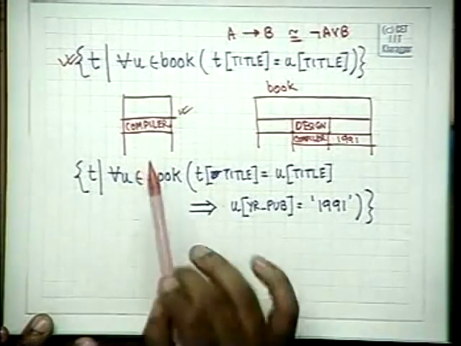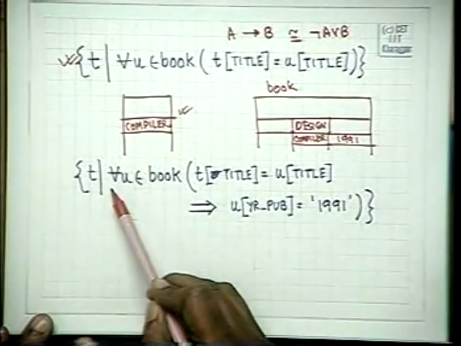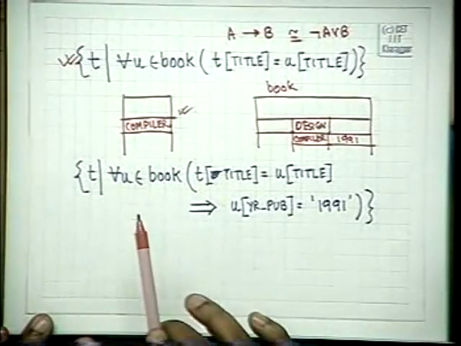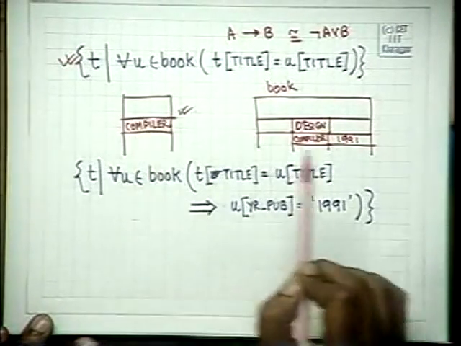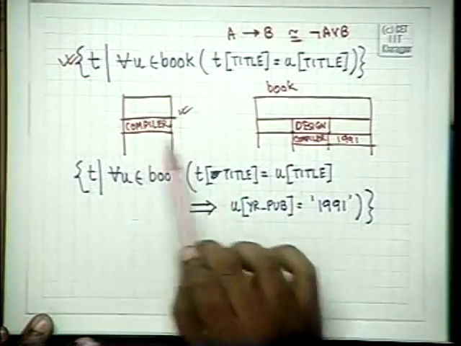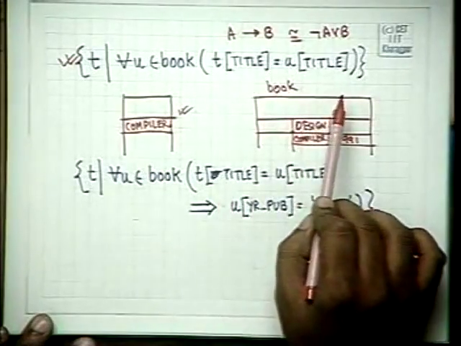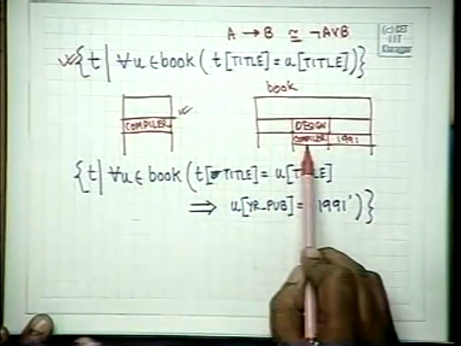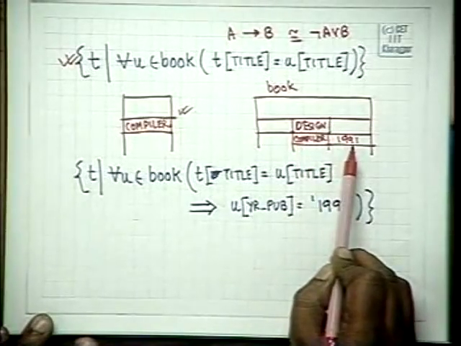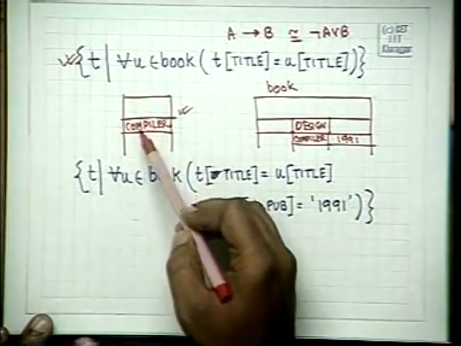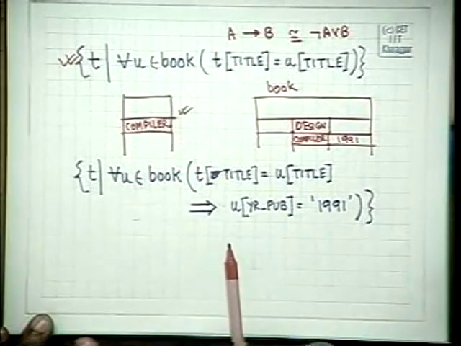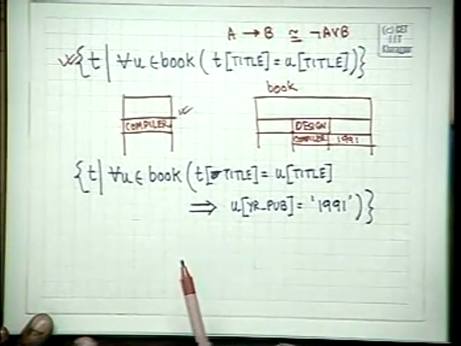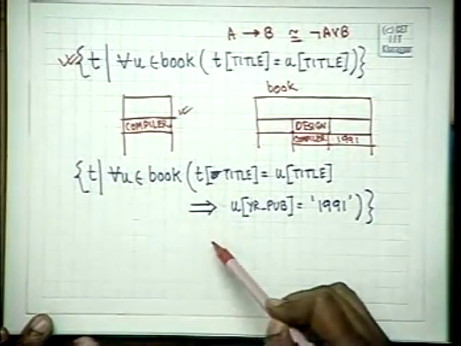For the time being, let us say no, because we are interested to find out tuples in book. We will come to this question a little later. So we are only interested in the relation book, and if compiler design matches, then it must be 1991. That is, we are going to find out those books which are published in 1991 and in 1991 only. That is the meaning of this relation.